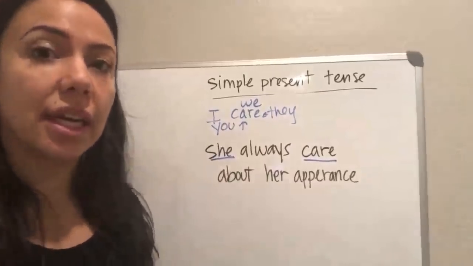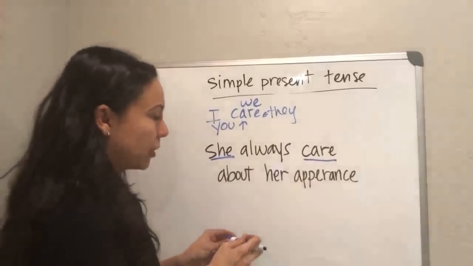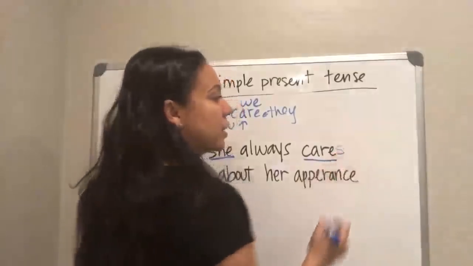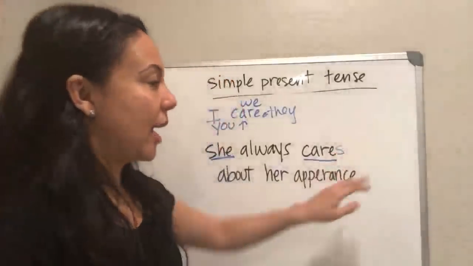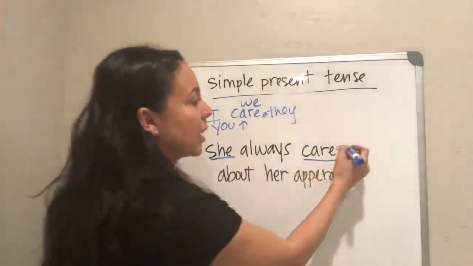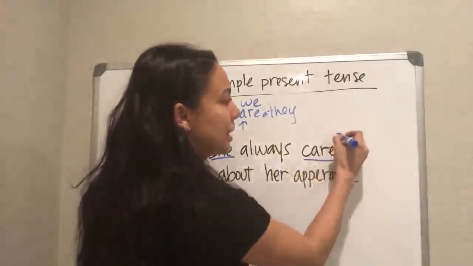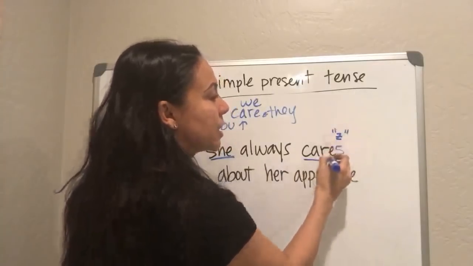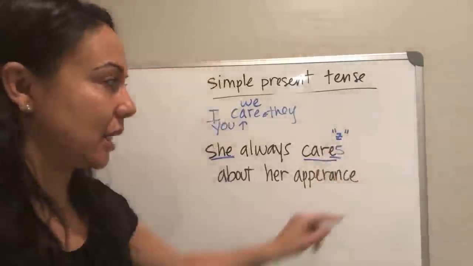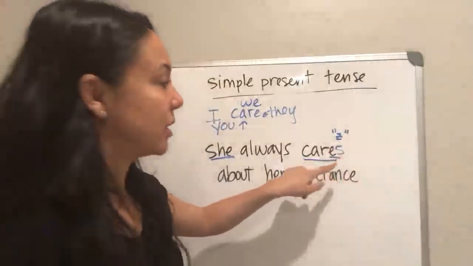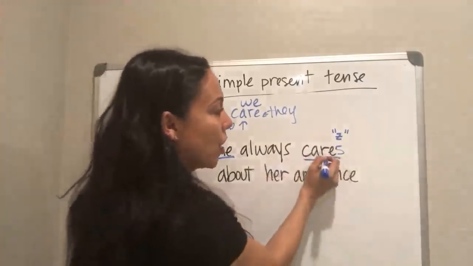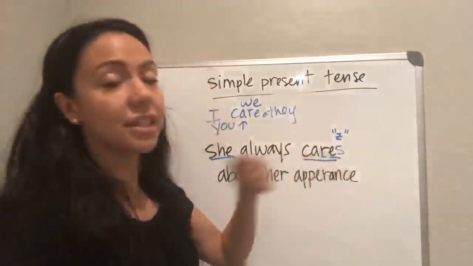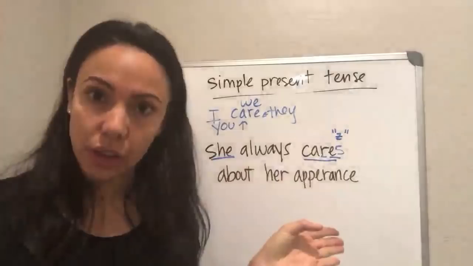So in this instance, we are going to add cares, S, and it's going to make the Z sound because although it ends with this E, the E is silent, and we're going to look at this guy, the R. And the R is voiced, as we talked about earlier.